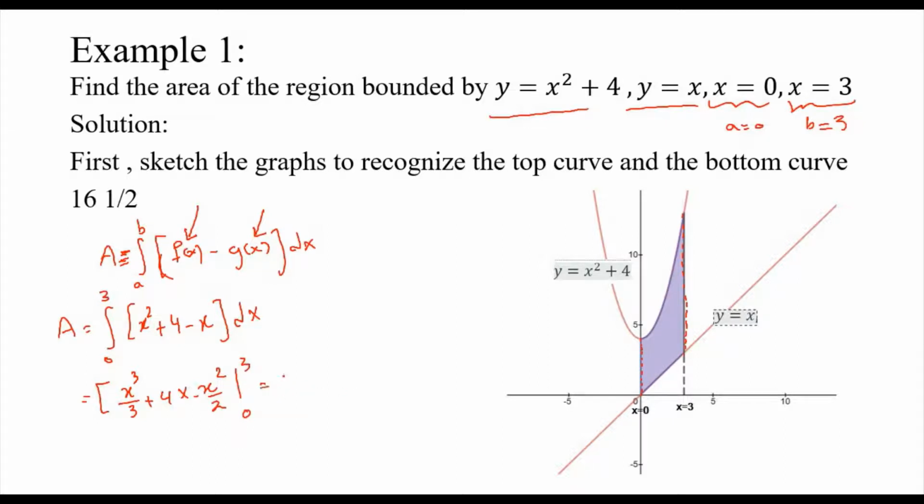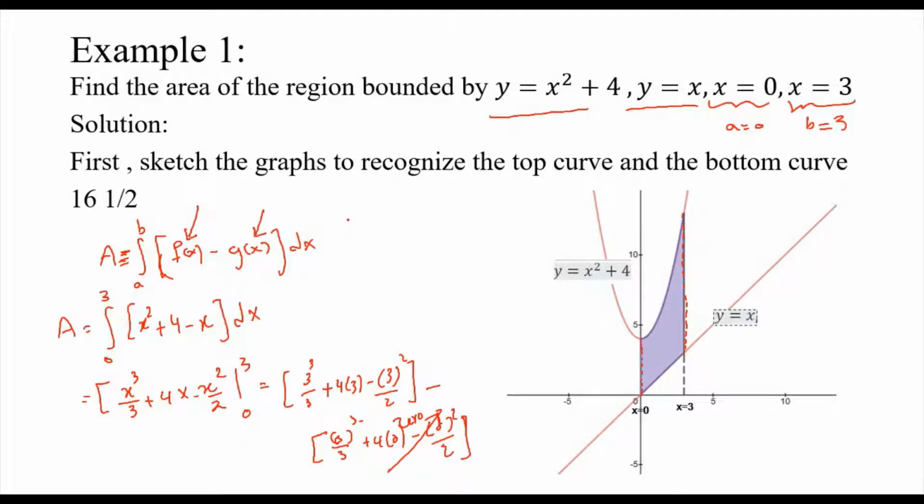So this is equal to 3 cubed over 3 plus 4 times 3 minus 3 squared over 2 minus the other half, which is 0 cubed over 3 plus 4 times 0 minus 0 squared over 2, which is eventually going to be 0, and we need to calculate this value.